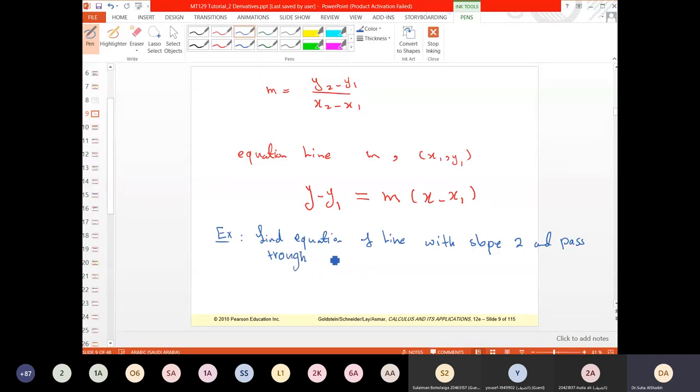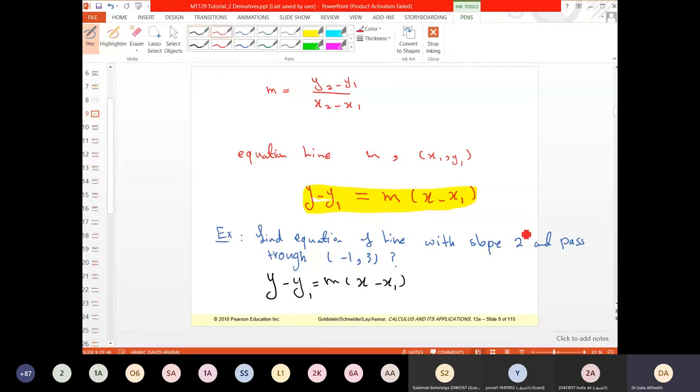It passes through the point, let's say -1 and 3. This is the question. They want me to find the equation of the line. This is the equation of the line if I have a point and I have the slope. So applying what I have in here, this means y minus y1 will be equal to m multiplied by x minus x1.